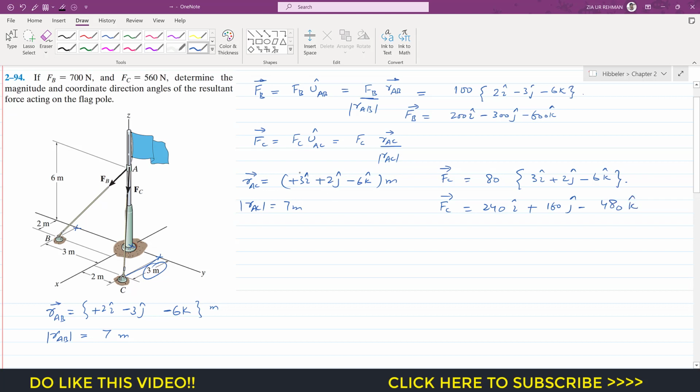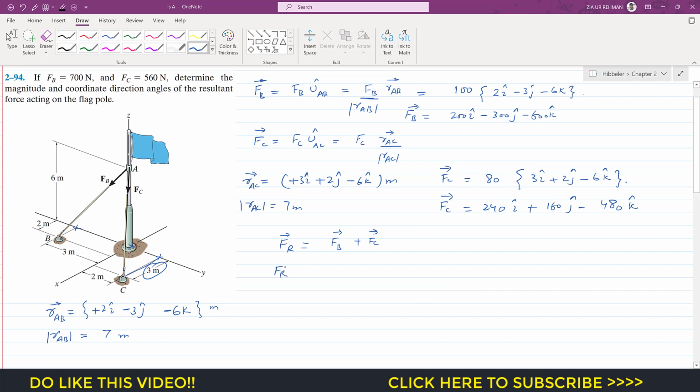Now in the problem we are asked to determine the magnitude and coordinate direction angles of the resultant force. So the resultant force will be equal to the summation of FB plus FC. So we need to add the corresponding components. We need to add the i component with i and j component with j.